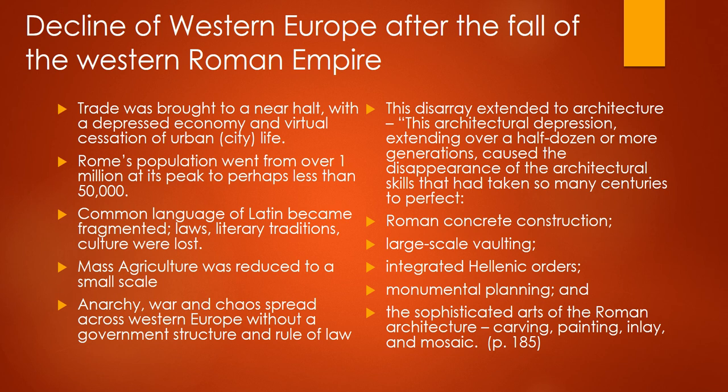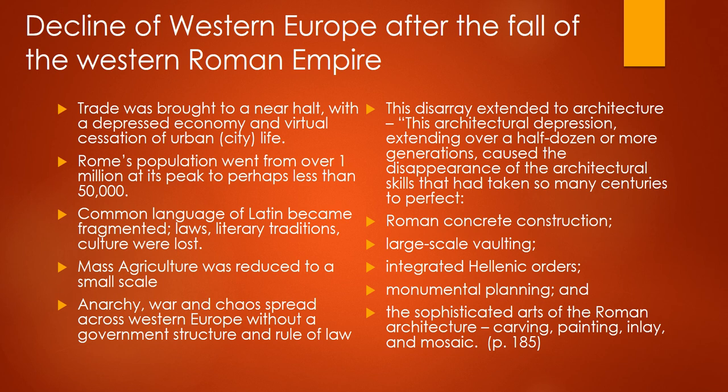The idea of this integrated architecture that has a set of rules related to the human body goes completely away. There is no monumental planning of anything of any level of sophistication, particularly in that 300-year period following the decline of the Roman Empire.